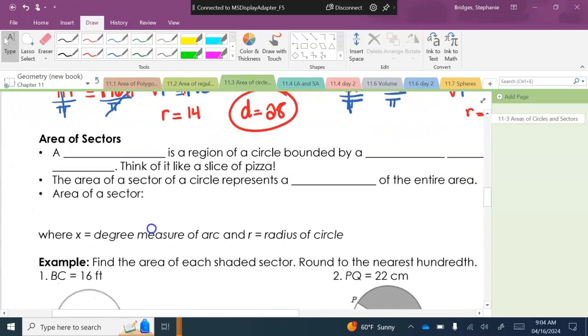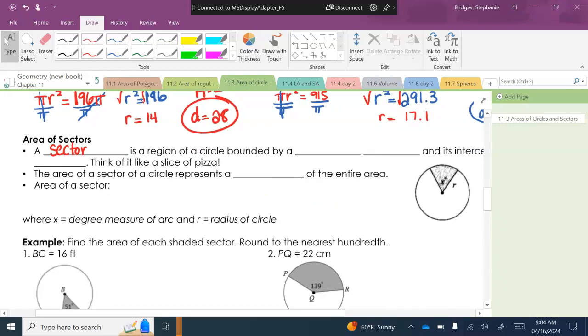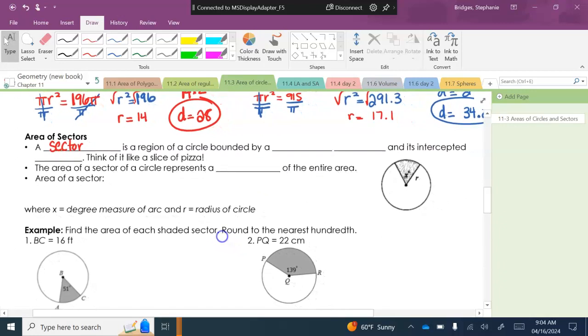Okay. Next is a sector. Think about a slice of pizza. That's what a sector of a circle is. It is one section of that. So a sector is a region of a circle bounded by a central angle and its intercepted arc.